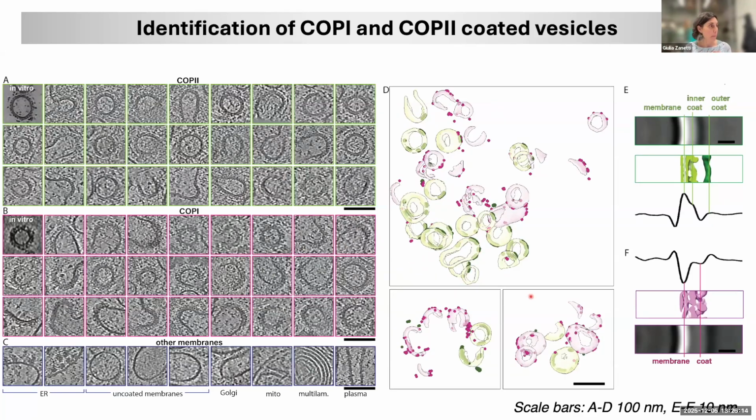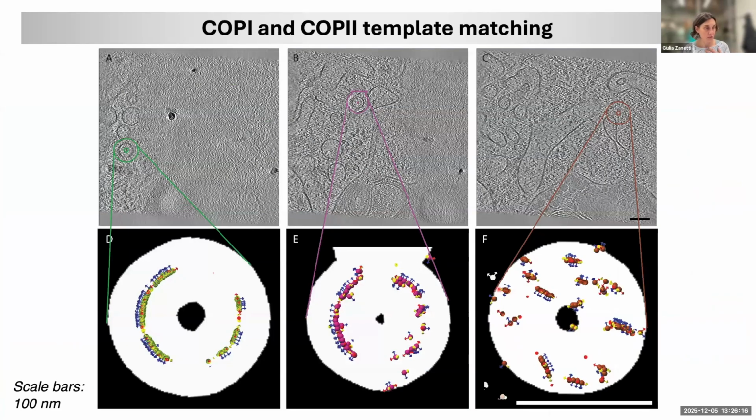All right. So this is just a technical figure on how we did the template matching. What also gave us confidence is that even though we are searching in random orientation, all the peaks gave us an orientation that is normal to the membrane, indicating that it's finding a coat lying normal to the membrane, indicating it's finding real structure.